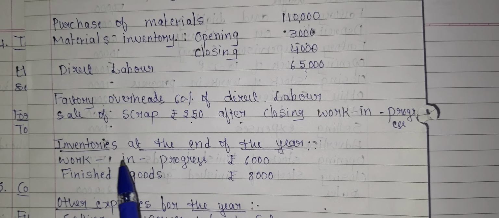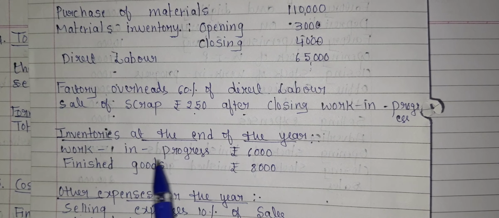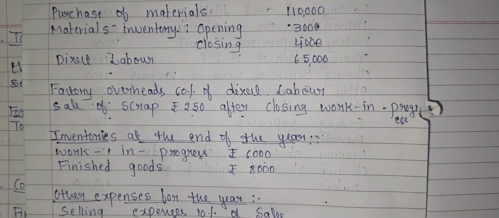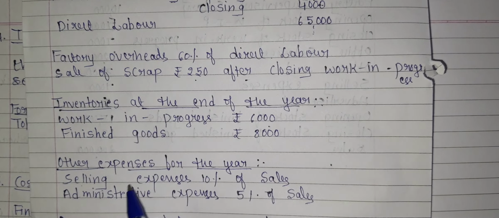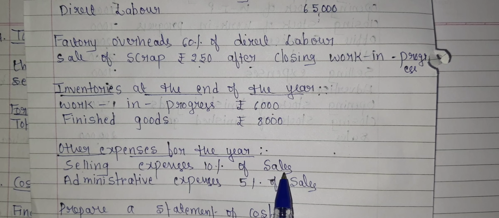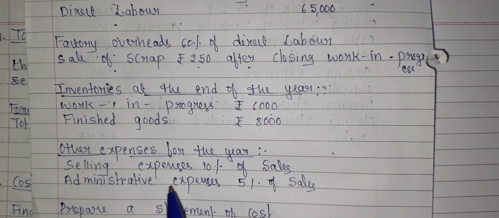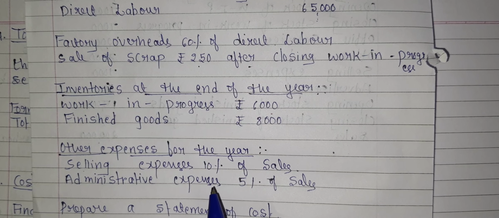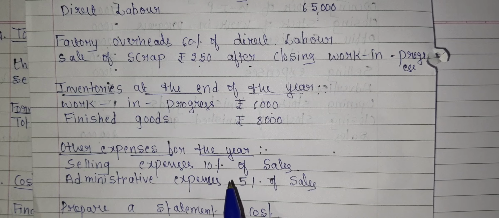Next, inventories at the end of the year: work in progress rupees 6,000 and finished goods rupees 8,000. Now other expenses for the year. Selling expenses 10% of sales. Here also selling expenses is given on the percentage basis. Our sales is how much?